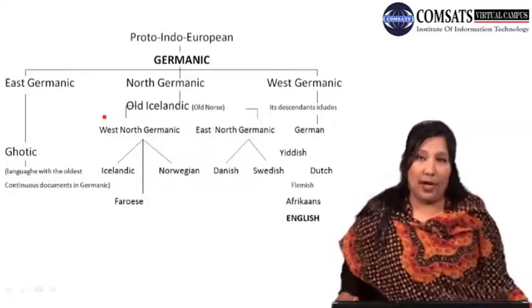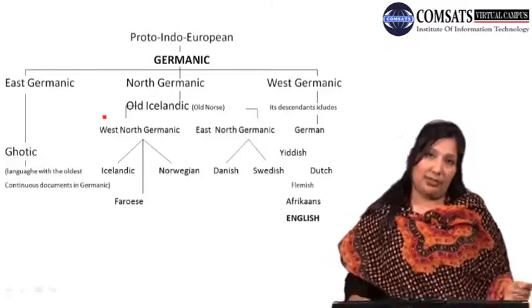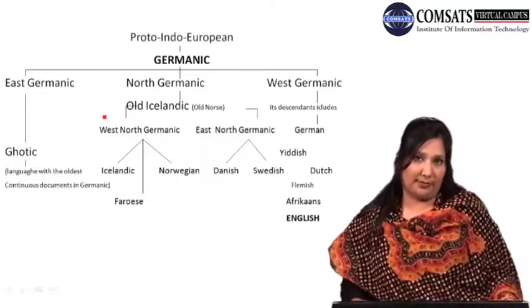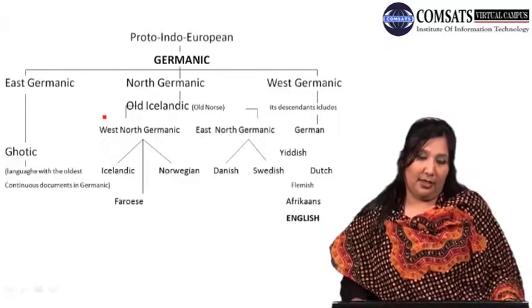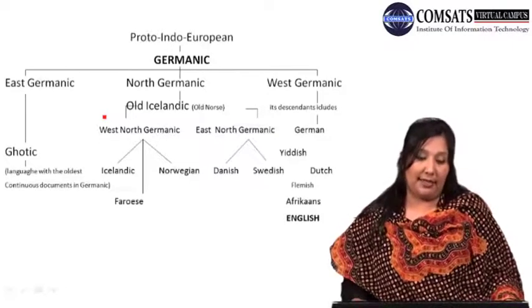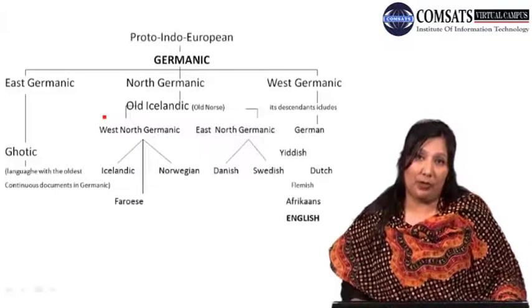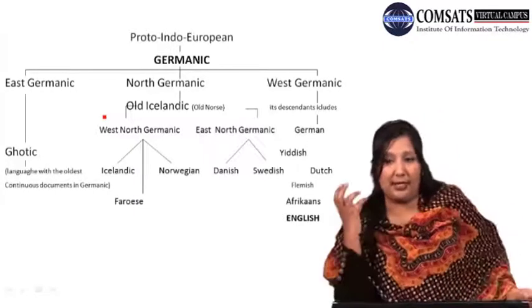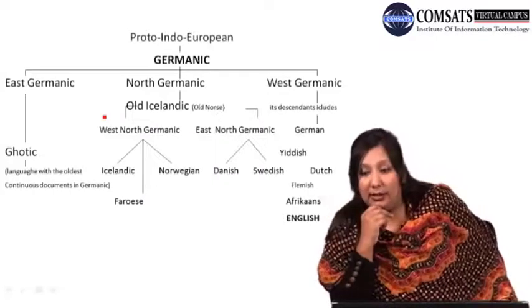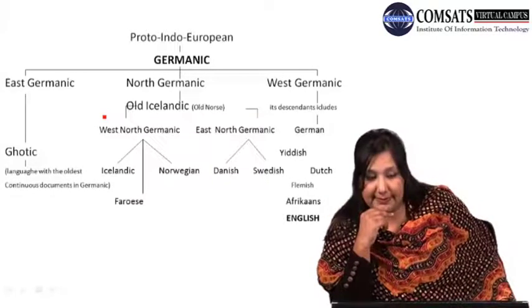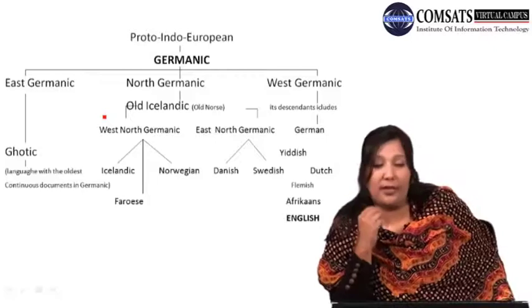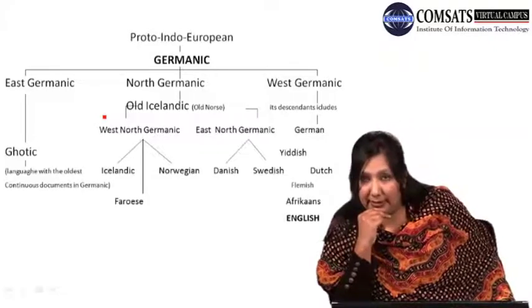There is one negative thing about this language and one positive. The positive thing is that it has some written documents: the language with the oldest continuous documents in Germanic.